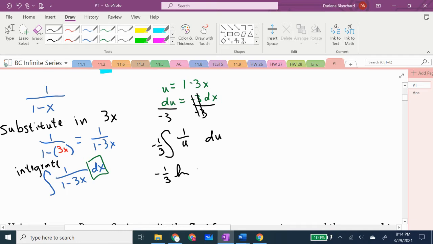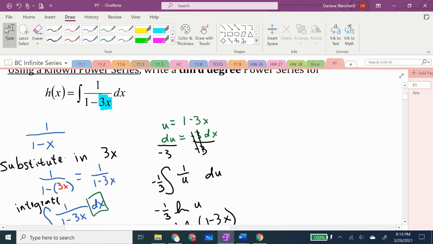I'm not going to need the absolute values around the u because of the interval of convergence, but I do need to put in what the u is. Now, I need to remember exactly what am I supposed to do.